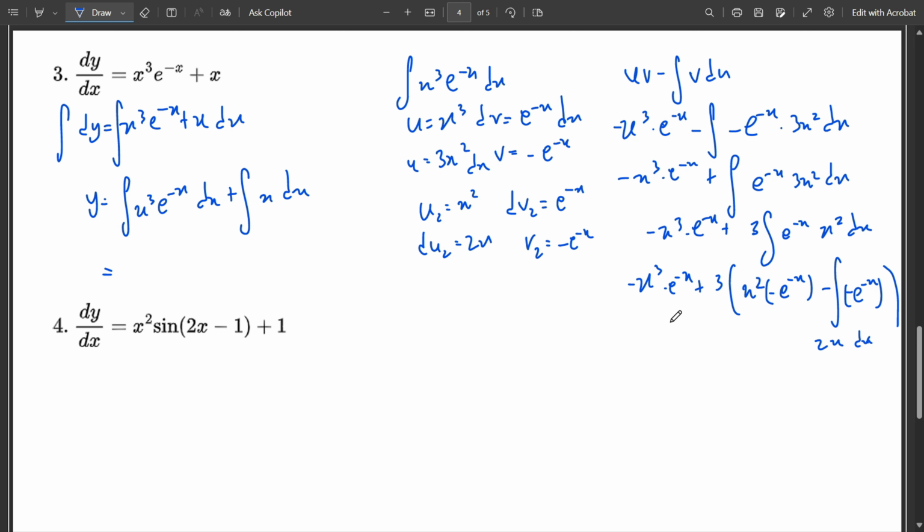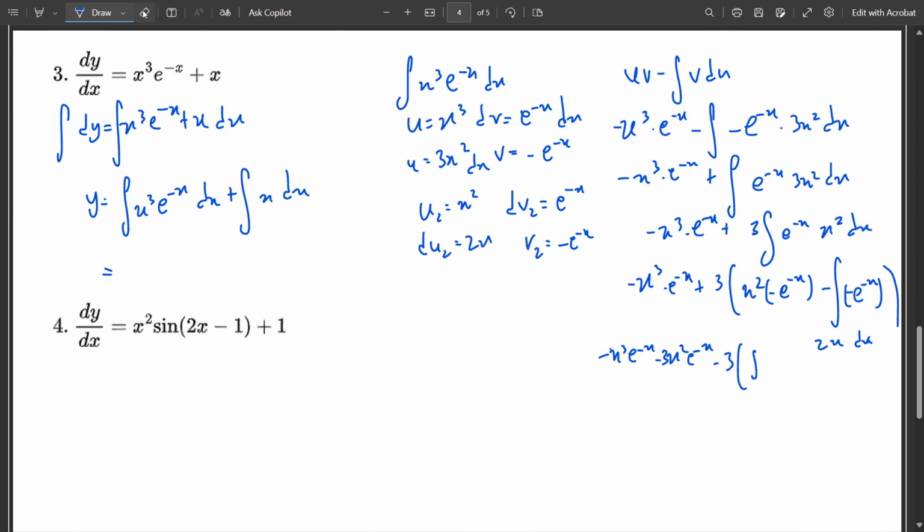Alright, so we have another integration by parts. So negative x cubed times e to the negative x plus 3 times negative x squared e to the negative x, and then minus 3 times the integral.